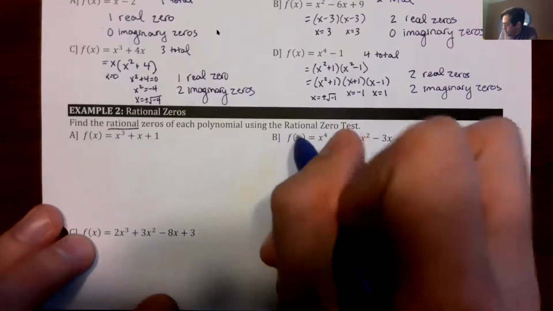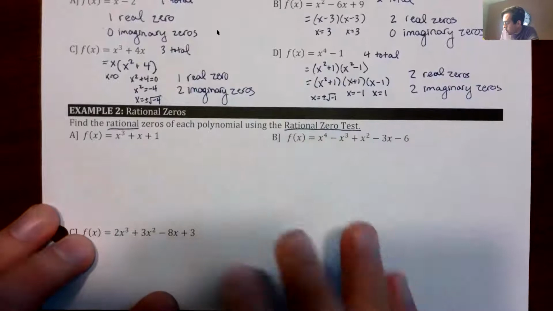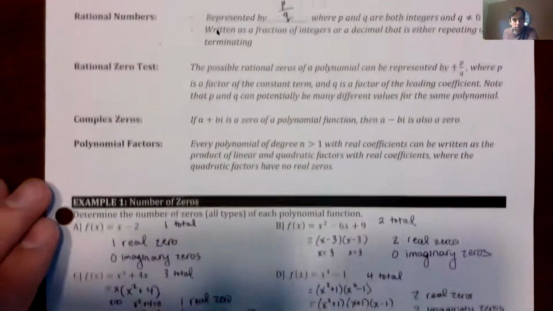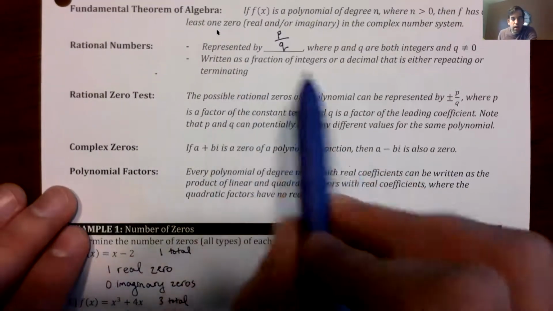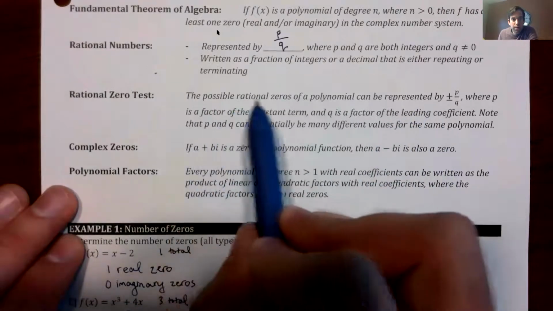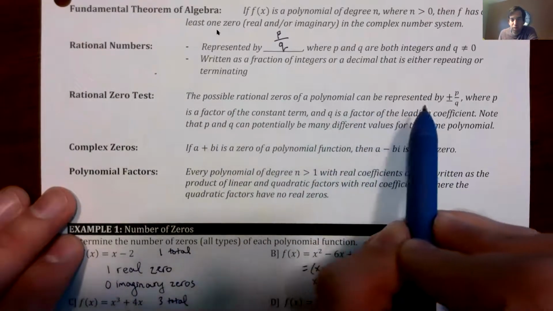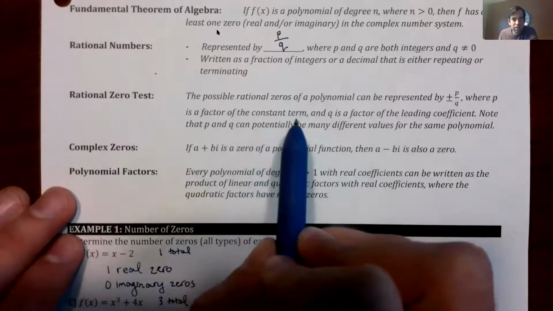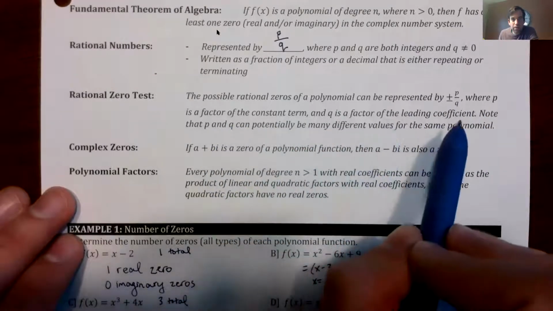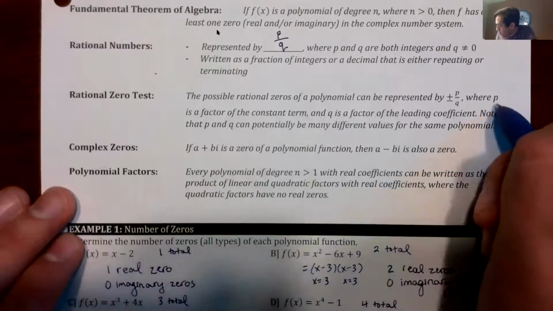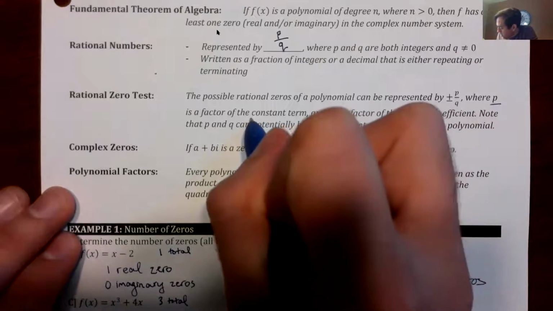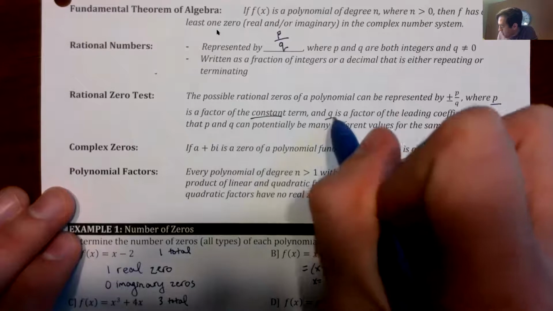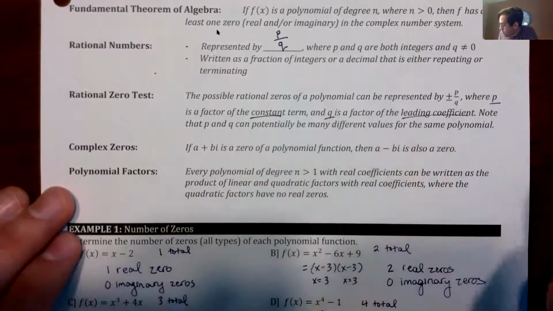And so to start, we're going to use what's called the rational zero test, which I started to read earlier. The possible rational zeros of a polynomial can be represented by plus or minus p over q, where p is a factor of the constant term and q is a factor of the leading coefficient. So we want p's to be factors of the constant and q's to be factors of the leading coefficient.